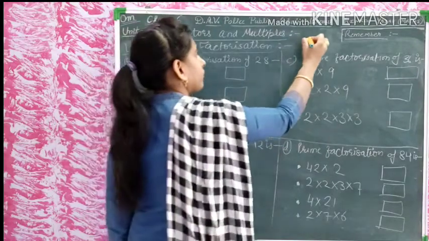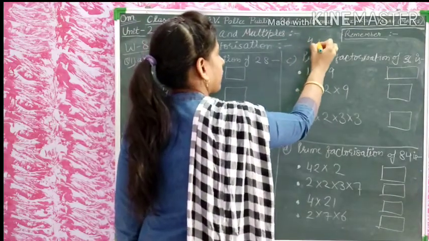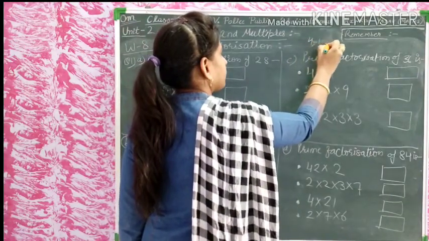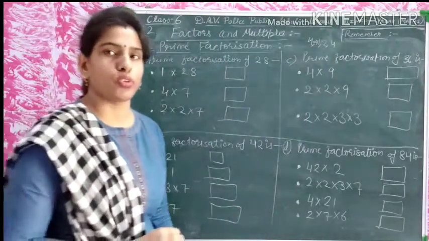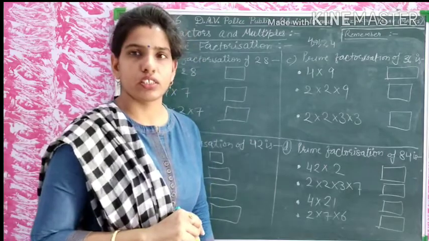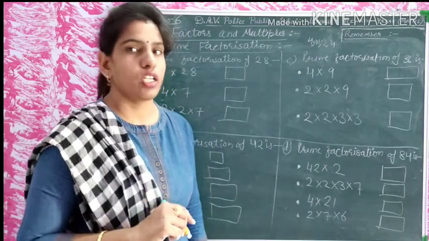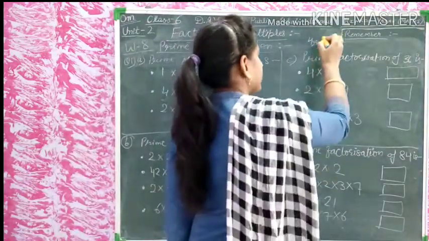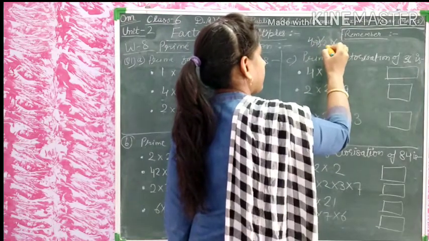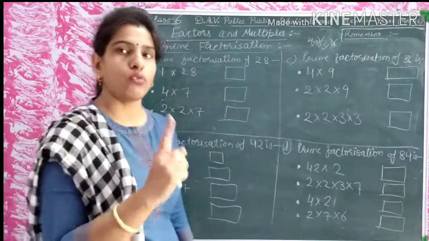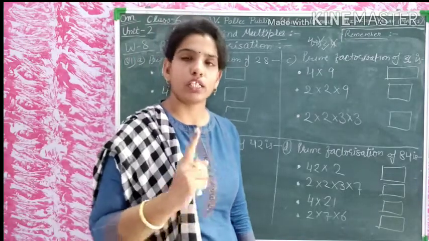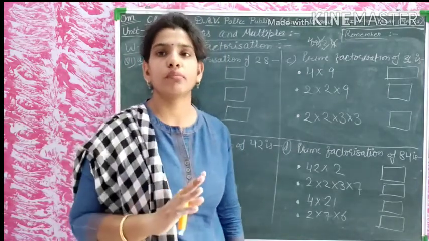Factors of 4 are 1, 2 and 4. But are all the prime factors? No, because 1 and 4 are not prime. This is the only prime factor. It means if 4 has only the prime factor, that one is the prime factorization.